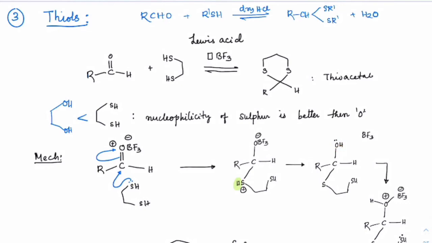Again BF3 is left out, so the lone pair on oxygen attacks BF3 once again. So we will get this as OH BF3 minus here. It becomes a good leaving group, so the lone pair from sulfur will attack again and release that BF3OH group. That's how we will get this product, a cyclic thioacetal.